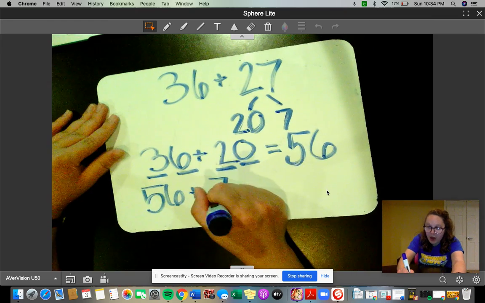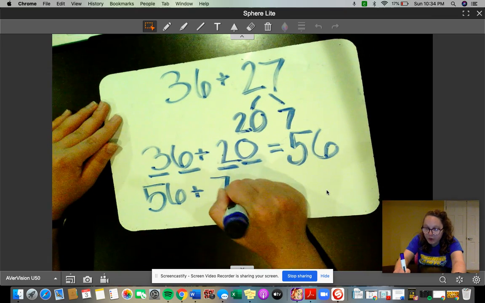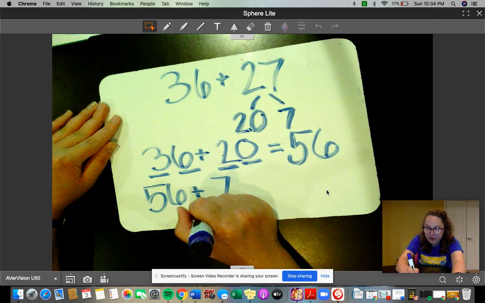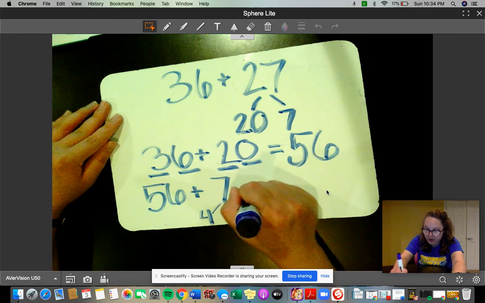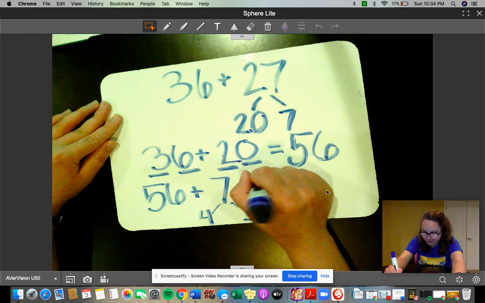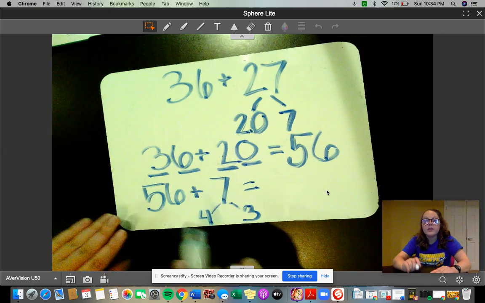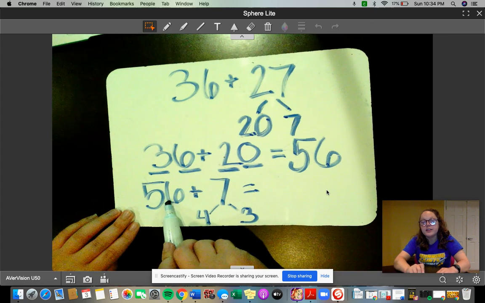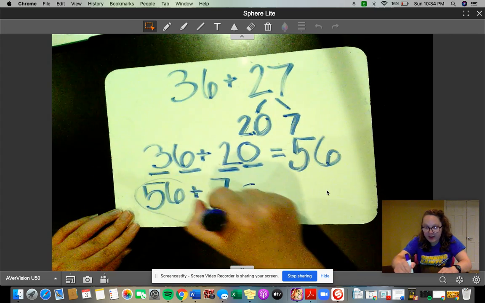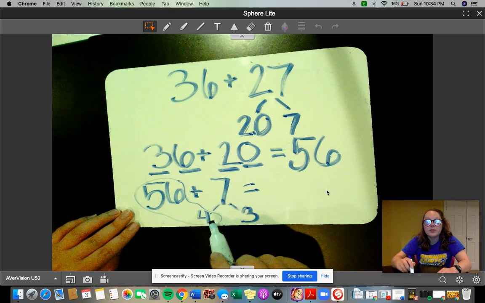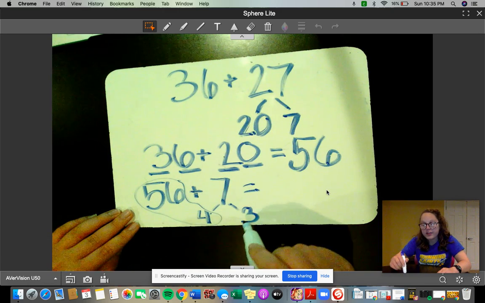So I'm going to go over here to my 7, and I'm going to make a number bond. And I'm going to say 4, and I know 4 plus 3 is 7, so I'm going to put a 3 over here. So I'm going to say 56 plus 4 is 60. But then I have to add this 3 too.